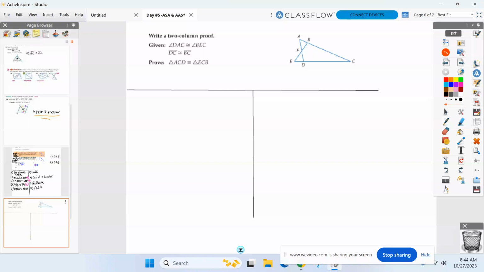Okay, so go ahead and highlight those triangles in different colors so we can see the two we're talking about.